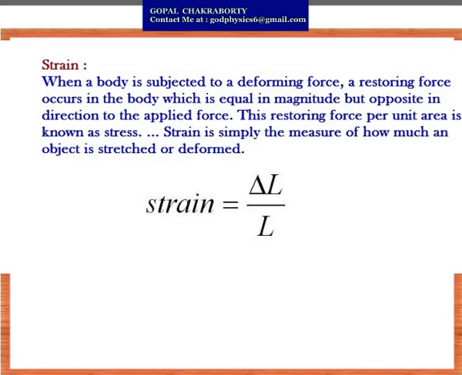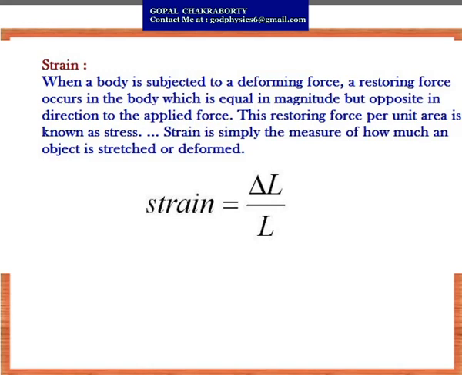Now, what is strain? When a body is subjected to a deforming force, a restoring force occurs in the body which is equal in magnitude but opposite in direction to the applied force. This restoring force per unit area is known as stress, and strain is simply a measure of how much an object is stressed or deformed.